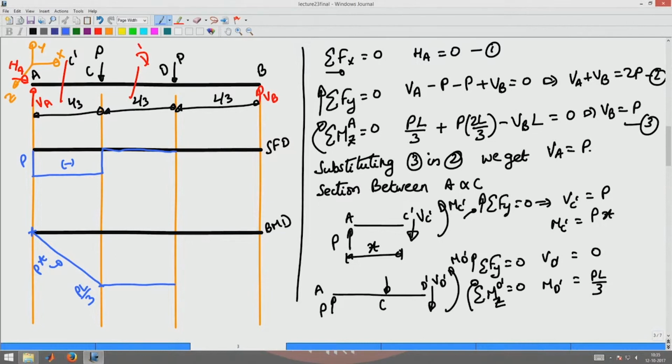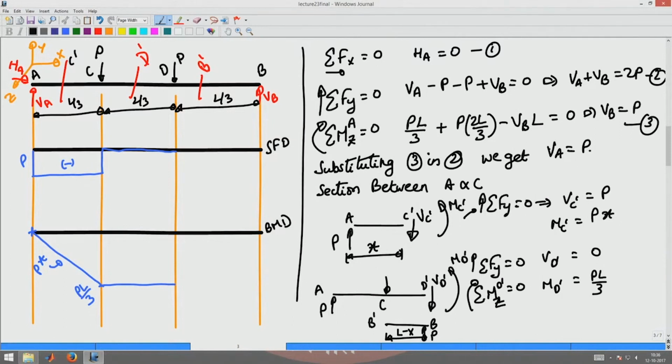Now, coming to the section between D and B, again I take a section B prime, which is between D and B, and I look at the other half from B to B prime. There is this P, and the distance from B to B prime will be L minus x, where x is measured from A. The length of the beam is L, so the distance from A to B is L, and hence the distance of B prime will be L minus x.